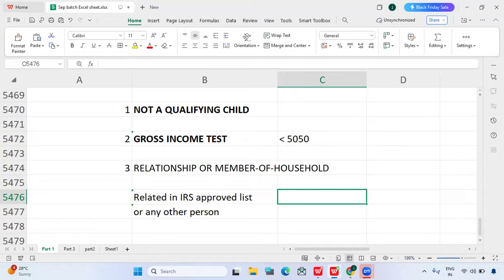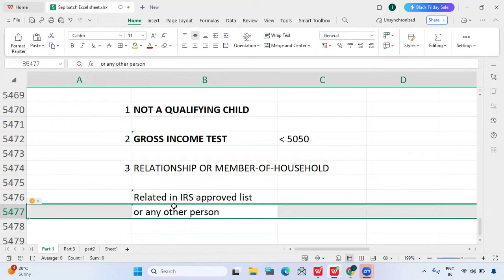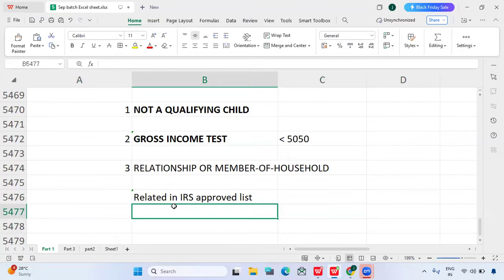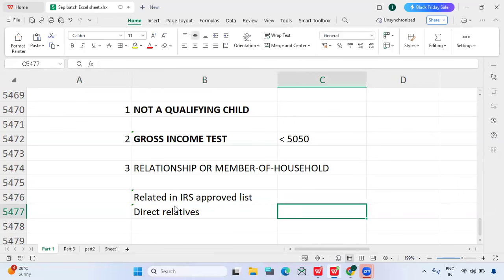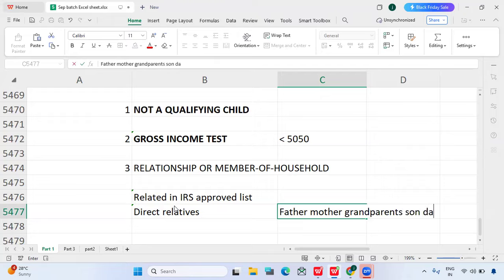Let's say direct relatives, like father, mother, grandparents, son, daughter, grandchildren. So they are direct relatives. This is the IRS approved list: direct relatives, which includes father, mother, grandparents, son, daughter.